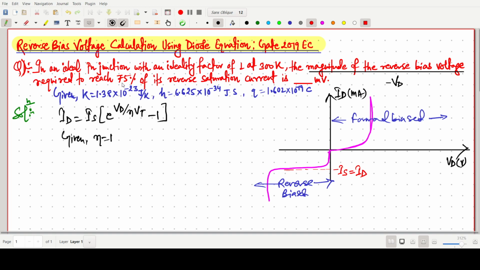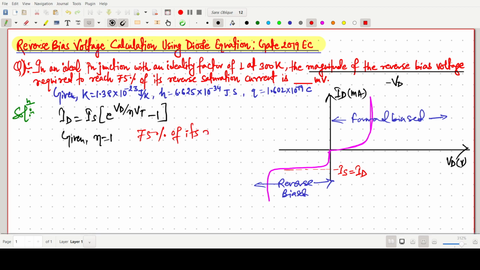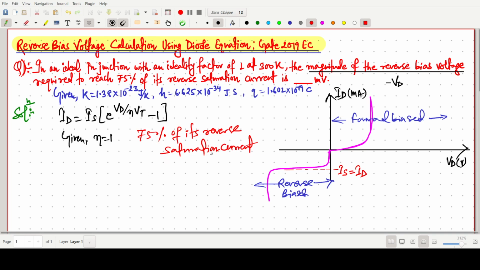In the question it is given: required to reach 75% of its reverse saturation current. What does it mean? We have to find the reverse bias voltage required to reach 75% of its reverse saturation current.